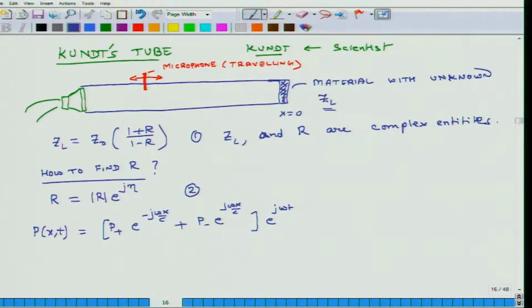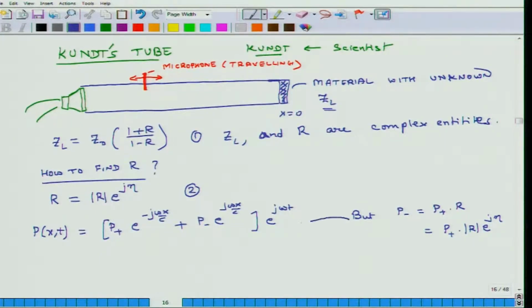And we know that P minus equals P plus times R, and this is the same as P plus times the magnitude of R times e to the power of j eta.